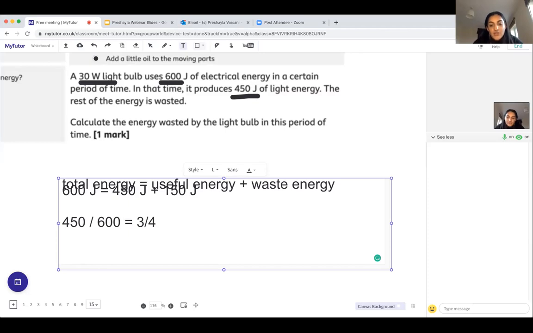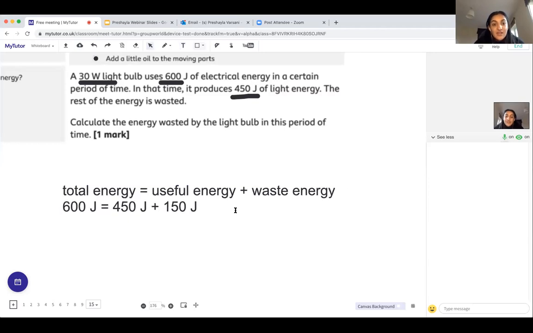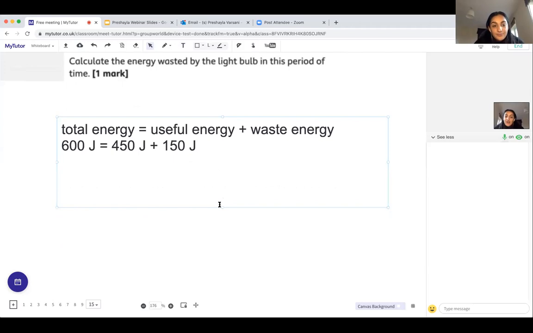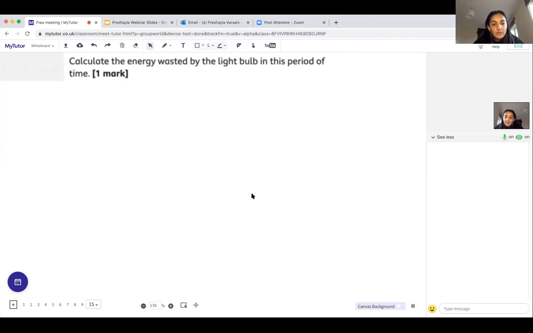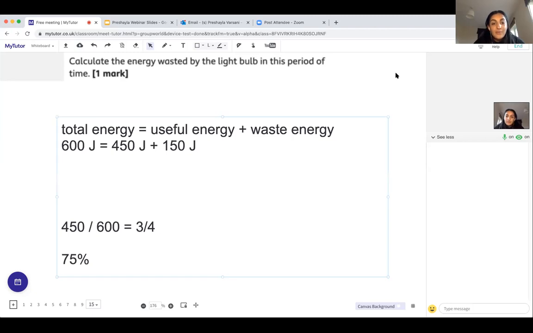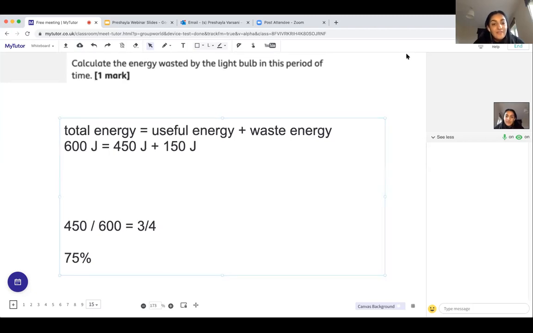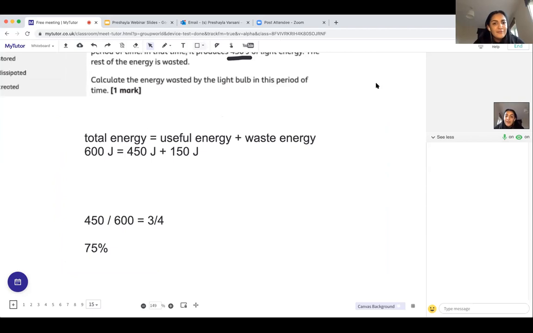Turning that into a percentage, 3/4 is 75%. So this is pretty efficient as far as light bulbs go. Now we have a 75% efficient light bulb.